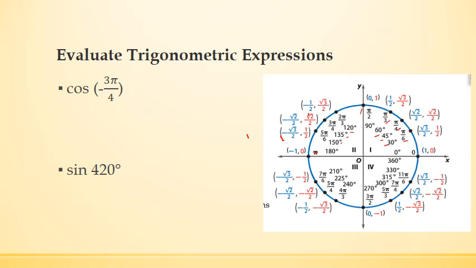So for instance, when we're looking at 45 degrees or pi over 4, the cosine is the square root of 2 over 2, and the sine is also the square root of 2 over 2. Now go over here to 135 degrees, where the reference angle is a 45-degree angle. The cosine is negative square root of 2 over 2, and the sine is positive square root of 2 over 2. That's 3 pi over 4, 135 degrees.